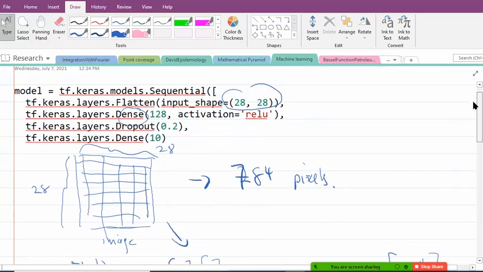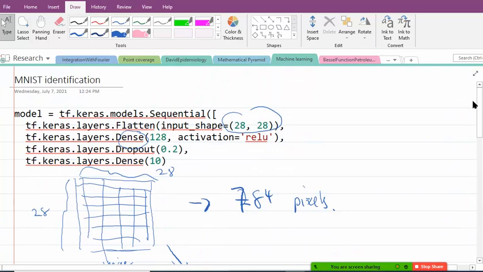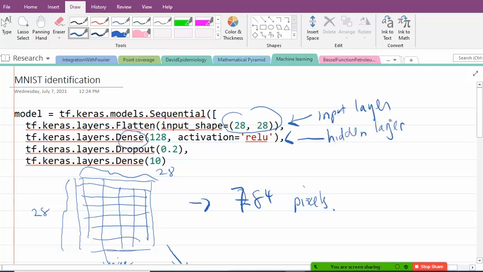We have this one, which is the input layer. We have this one, which is the hidden layer. And we have this, which is not a layer, but is for training purposes.